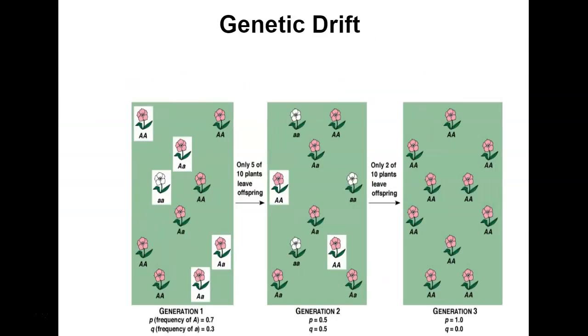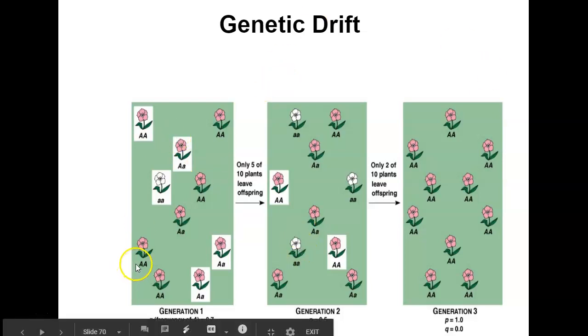So, genetic drift has to do with random changes over time. For example, if I have a population of flowers on the left, for whatever reason, only the 5 highlighted ones might leave offspring.